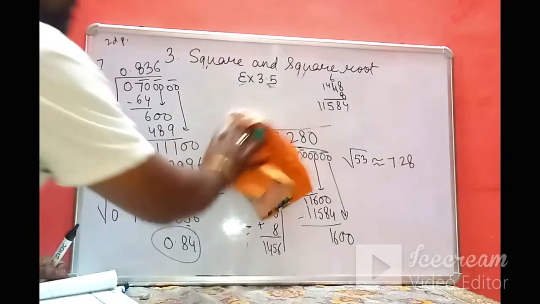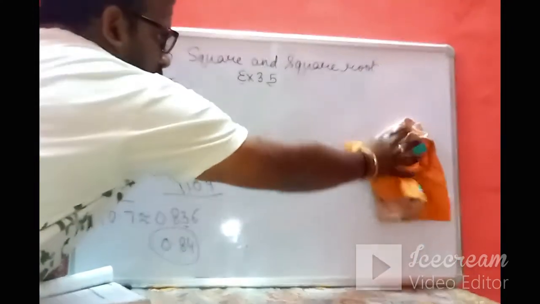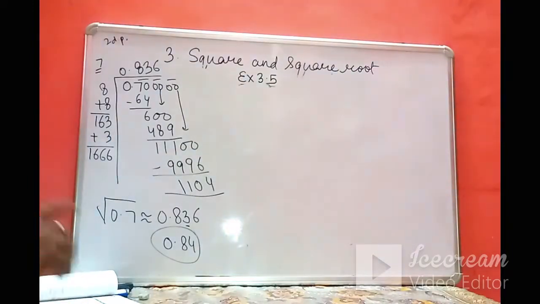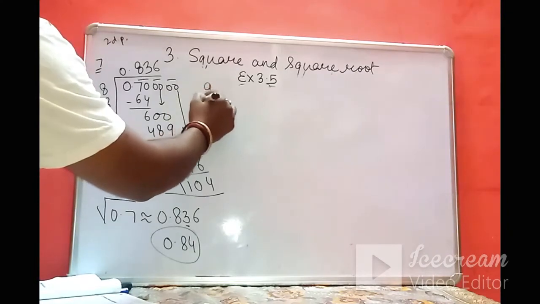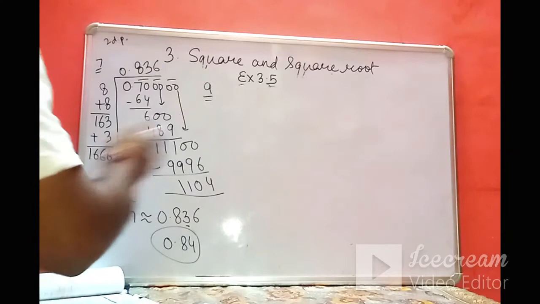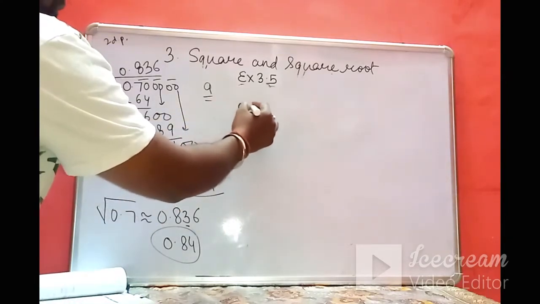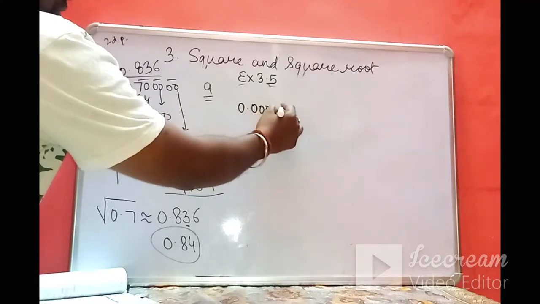Okay, then question number 9. What is special about this question? 0.00064.